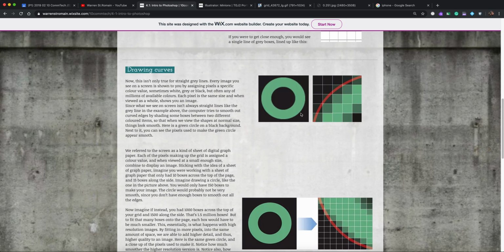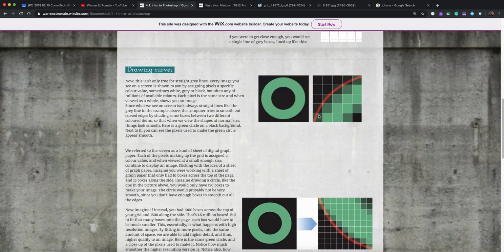What you're seeing here are 2 circles, a green circle on a black background. The computer tries to smooth those edges. A pixel can only be one color. You can't have a half pixel. So this is black, this is black, this is black.